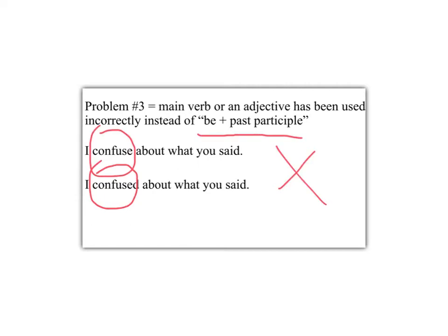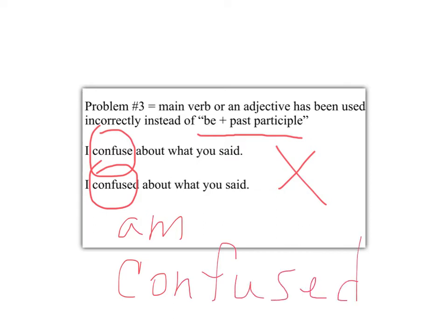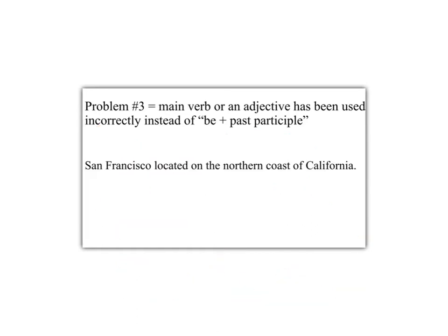So it would be, "I am confused," with -ed, "about what you said." Here is another example. "San Francisco located on the northern coast of California." Located cannot act as that verb.